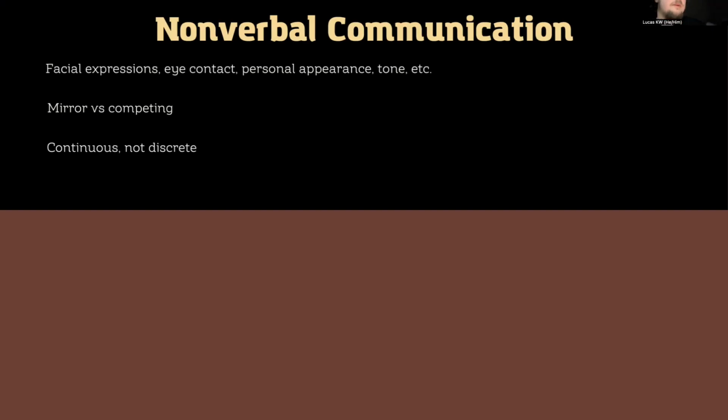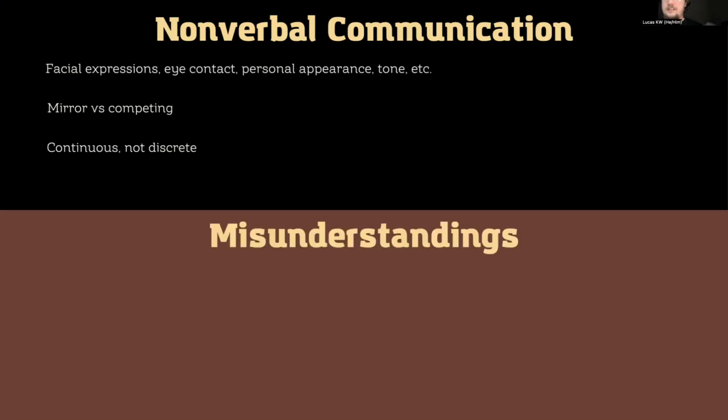And just like verbal communication, nonverbal communication has ambiguity. Okay. Like I gave you an example at the beginning. If I was looking at you and we were talking and we were having this really cool, fun conversation, and then all of a sudden I go like this, what would you feel?